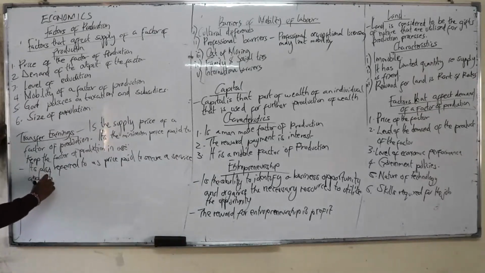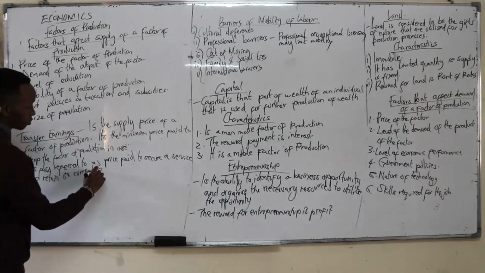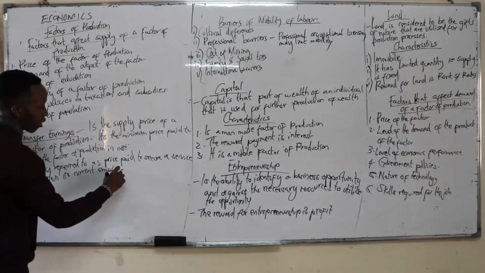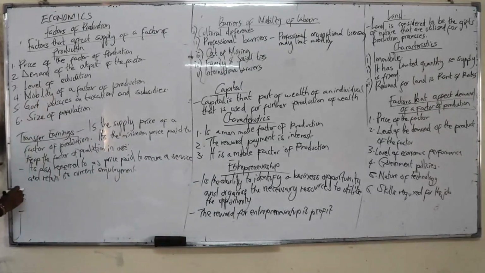And then also we look at what economic rent is. So economic rent, on the other hand, is payment to a factor of production that is more than the transfer earning.